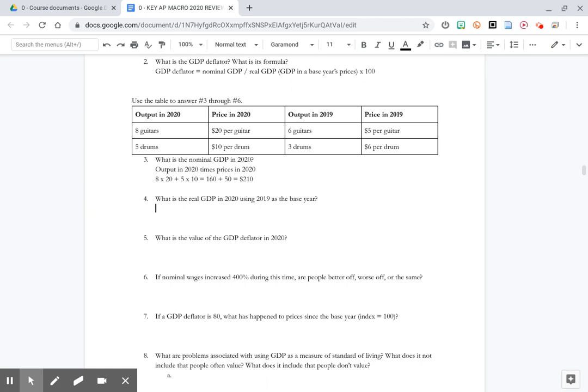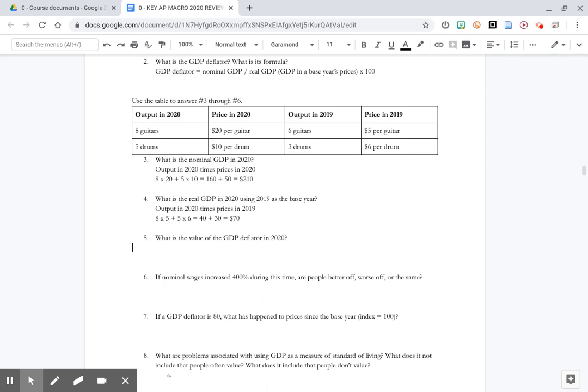And then this is going to be the output in 2020 times the prices in 2019. So we have 8 guitars times 5, because we're going to use this price up here now, plus 5 drums times 6. So we have 40 plus 30 equals $70.